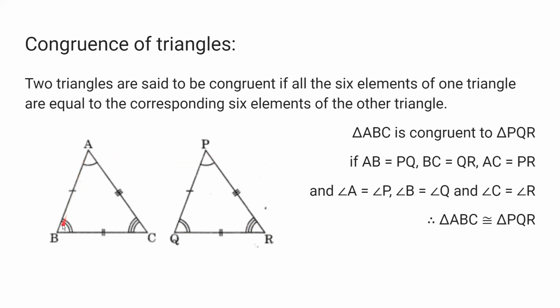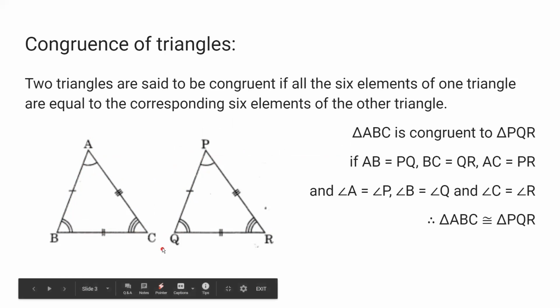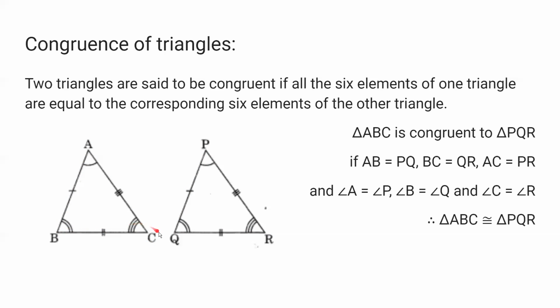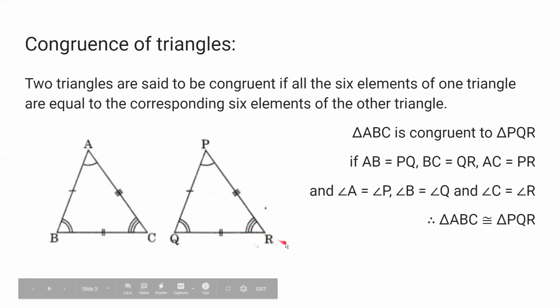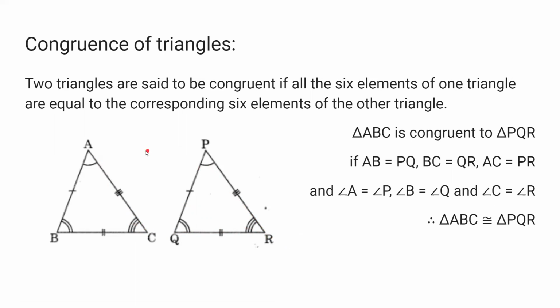Line segment AB is congruent to PQ. Line segment BC is congruent to line segment QR. Similarly, line segment CA is congruent to RP. Next are angles.